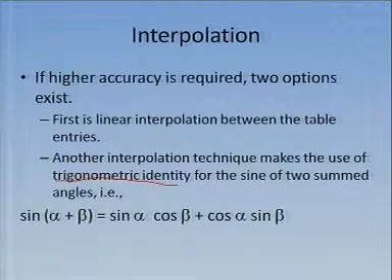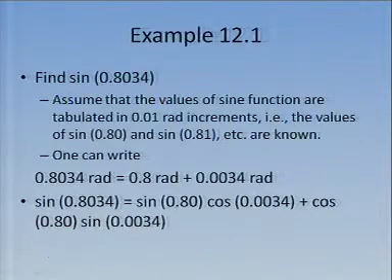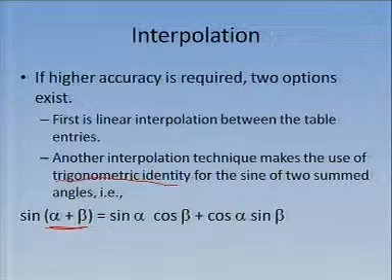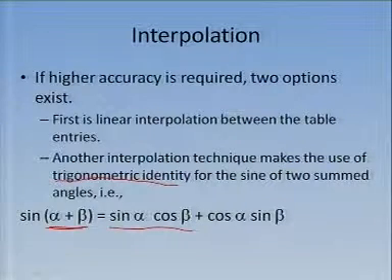Now, suppose I want to calculate the value of, let us say, 0.8034. Okay. So, the angle I divide into two parts. Okay. And then I know sin(alpha plus beta) is equal to sin alpha cos beta plus cos alpha sin beta, right.